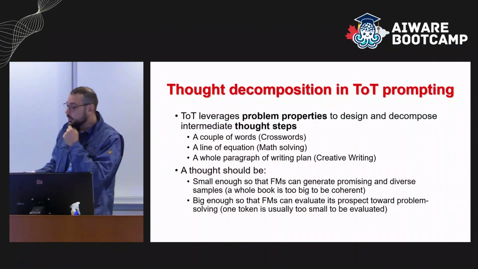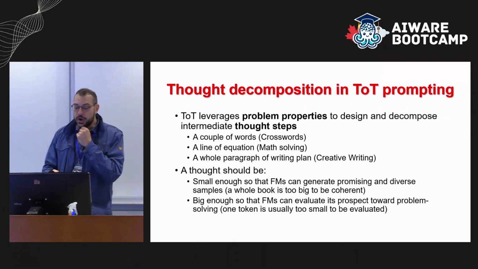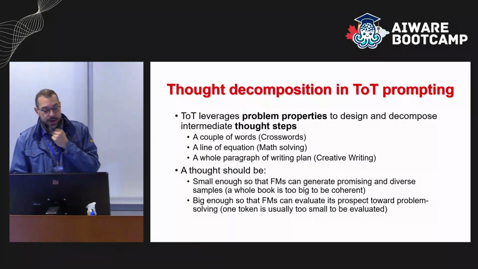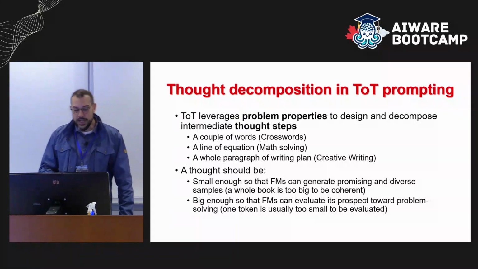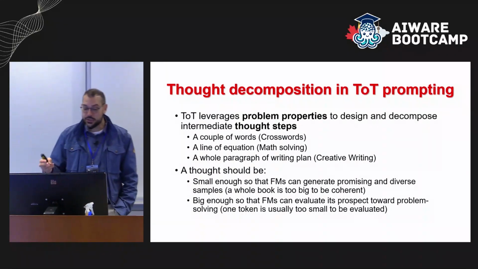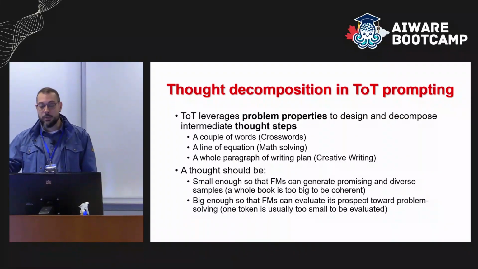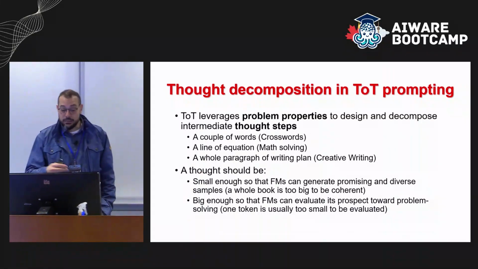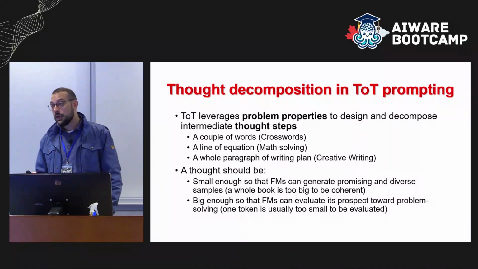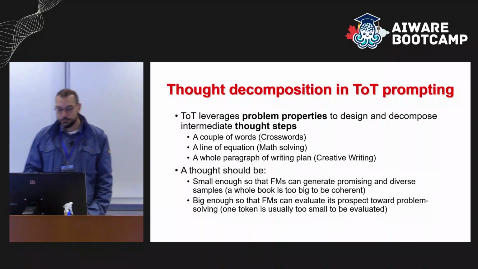In creative writing, your thought could be a whole paragraph of the writing plan. As a guideline, the thought should be small enough that the foundation model can generate promising results, and not so big that you cannot evaluate the thought.